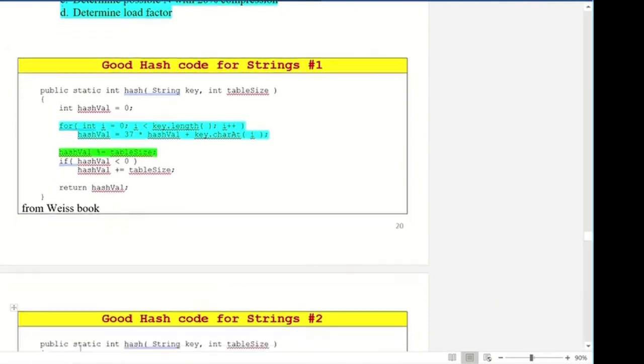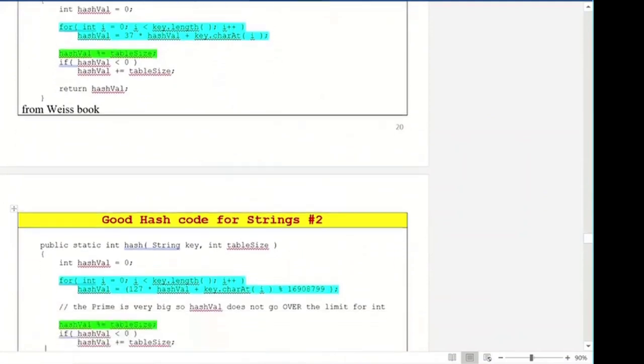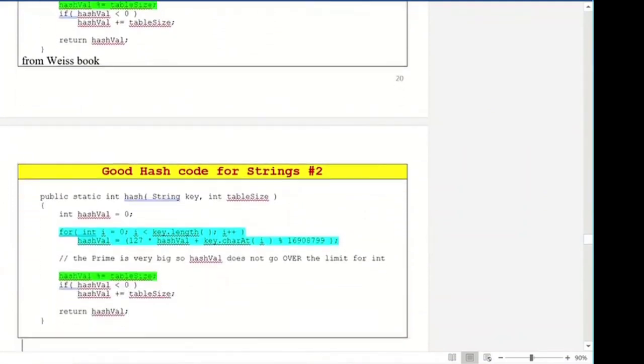So here's another example just below that. Notice, man, what does that say? 16, I think it's a prime number. Two of them there. There's 127. And then you see, I think it's 169 million. That's another prime number. So notice it makes this number massive just to make sure that it gets placed differently in our table.